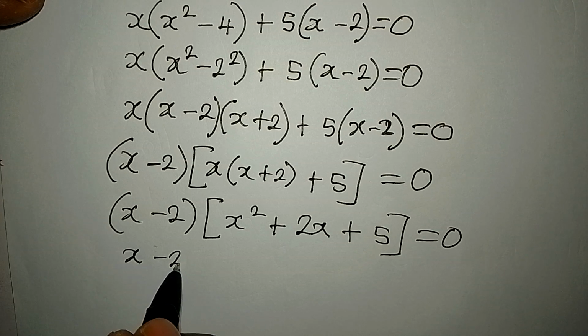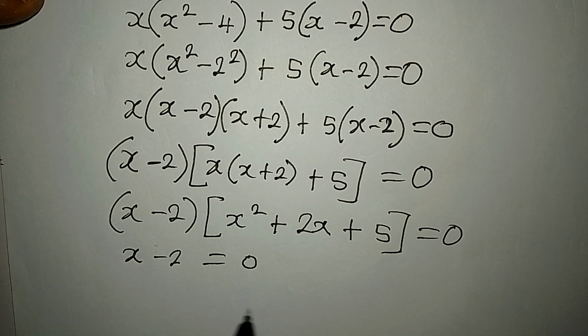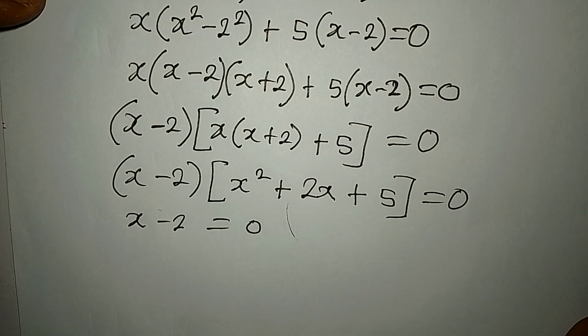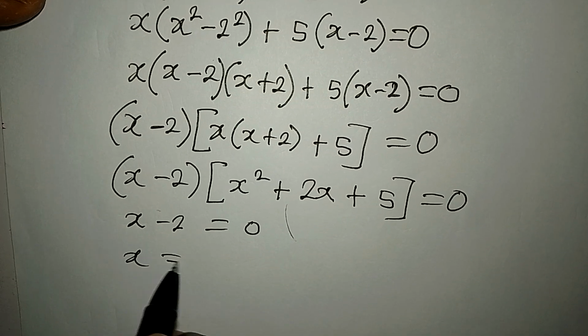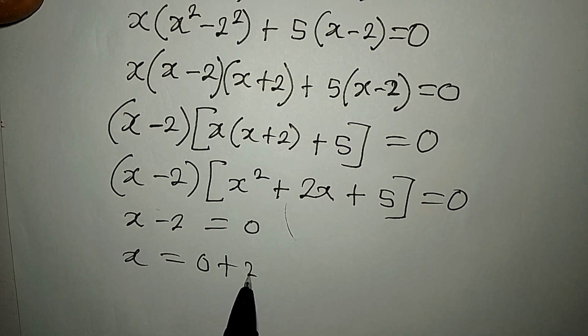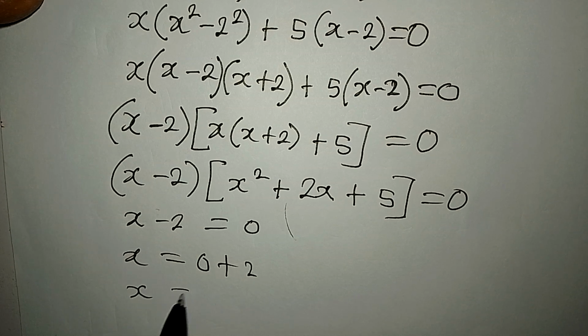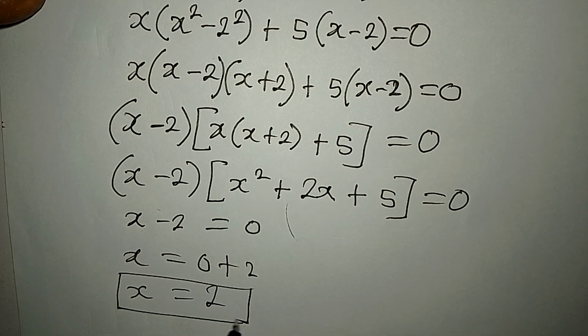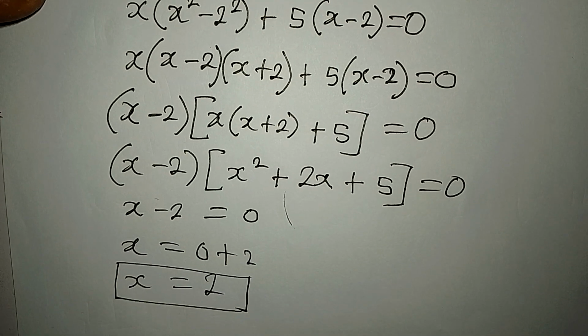So x minus 2 is equal to 0. I'm coming back to pick the quadratic expression here. Now, from here, our x will be equal to 0 plus 2, and then x is equal to 2. So this becomes the first solution to this problem.